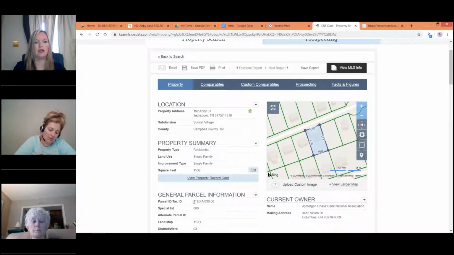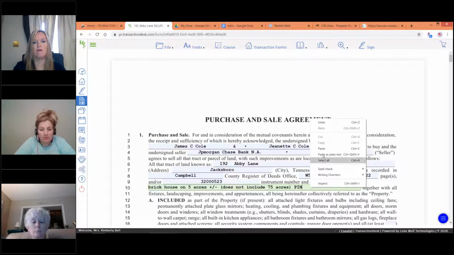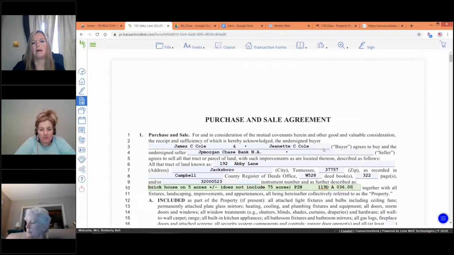And it's this one right here, general parcel information. You see that? Yes. So you can take that number, I highlight it, I can copy it, go back over here, and I can put my PIN right here, like that.